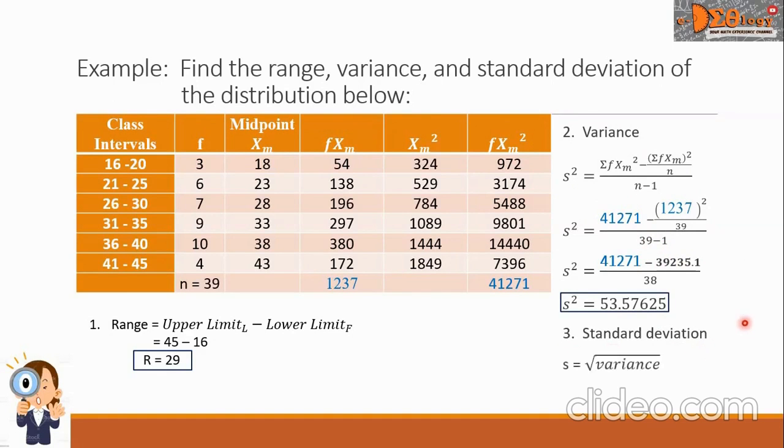We say that s equals the square root of the variance. Getting this answer here, we have the square root of 53.57625. So the value of the standard deviation is 7.31958. This is our answer.